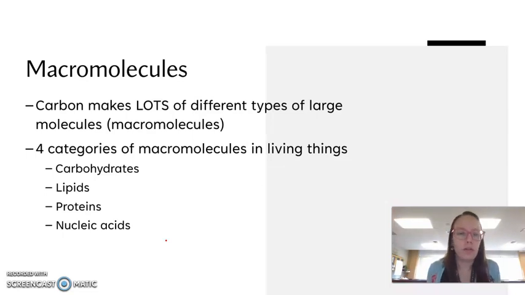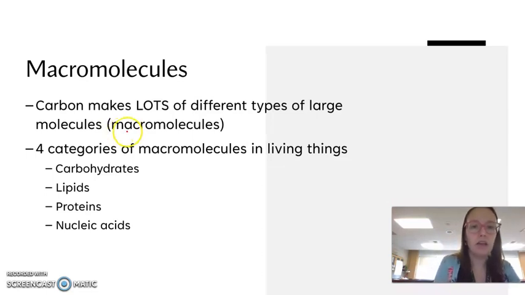So macromolecule. What's a macromolecule? Macro meaning large. Last episode we talked about carbon and how carbon can make lots of different types of molecules. It's so variable because it has those 4 electrons that it can share. So we can make lots of different kinds of macromolecules, meaning large.